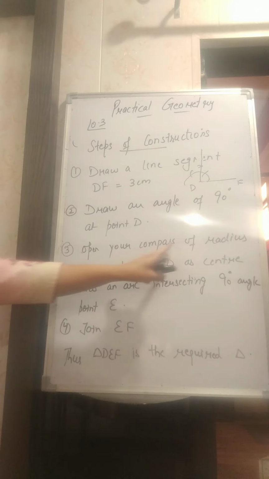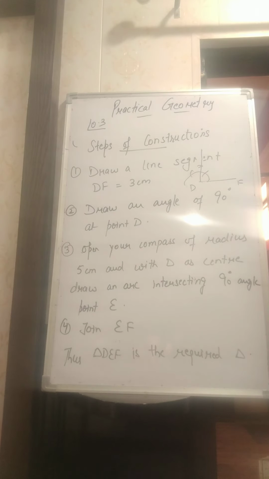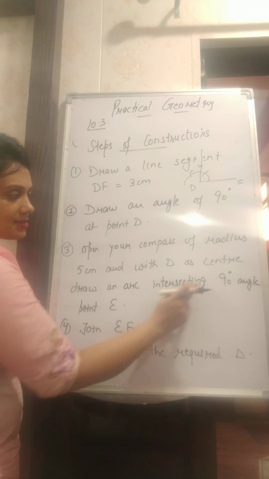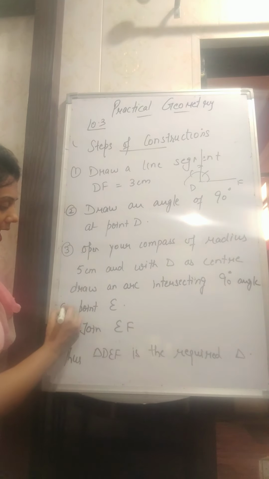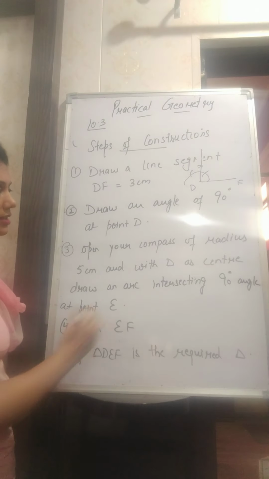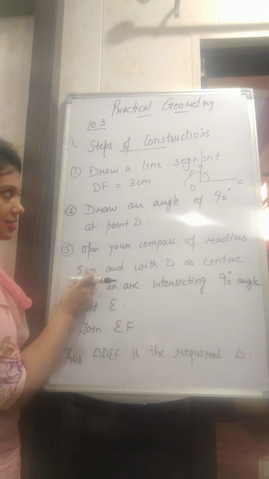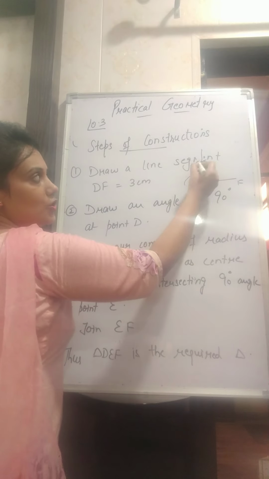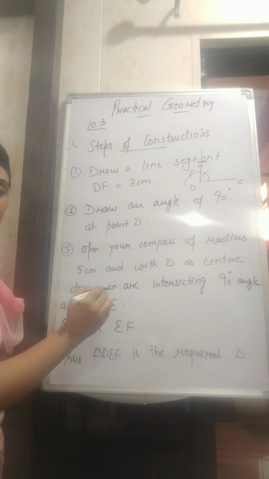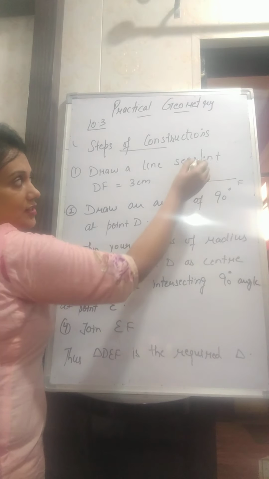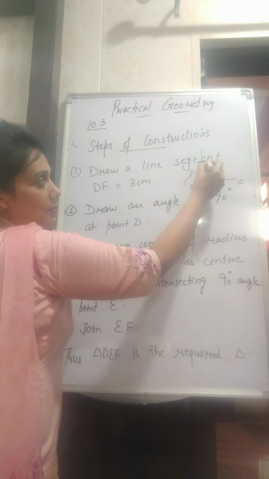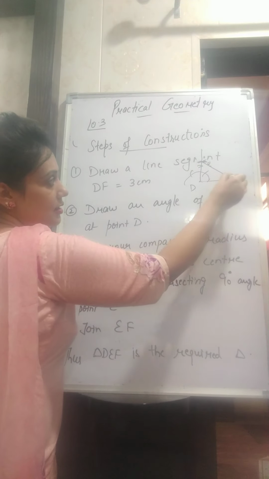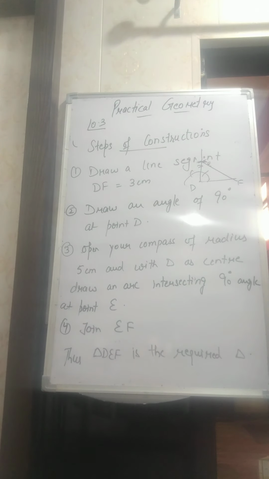Then open your compass of radius 5 centimeter, and with D as center, draw an arc intersecting the 90 degree angle at point E. It means you will open your compass of radius 5 centimeter, then with D as center, you will make an arc at a distance of 5 centimeter, and you will mark it as point E. And then you will join EF.